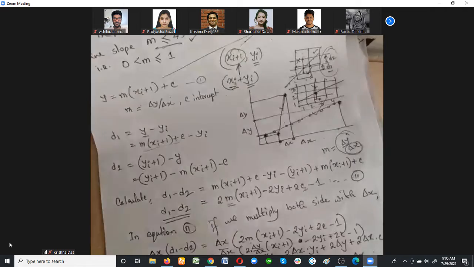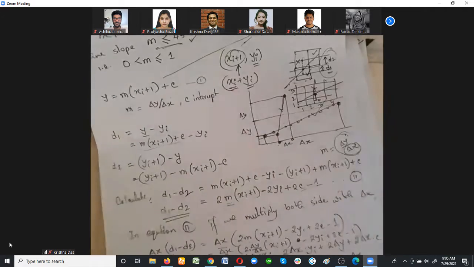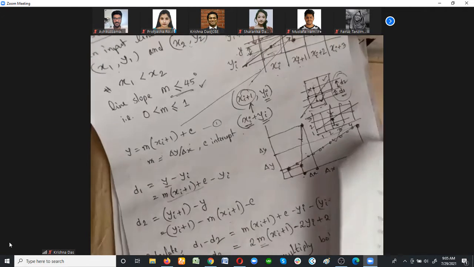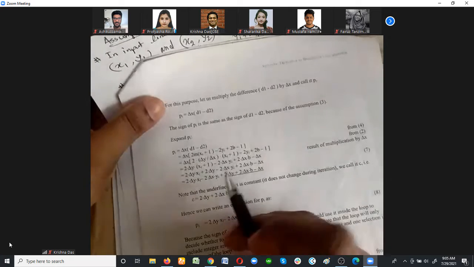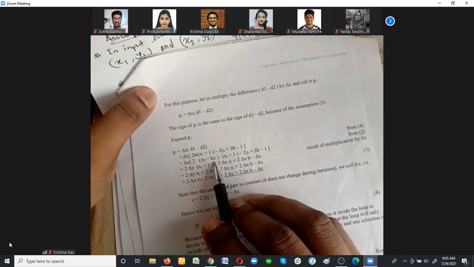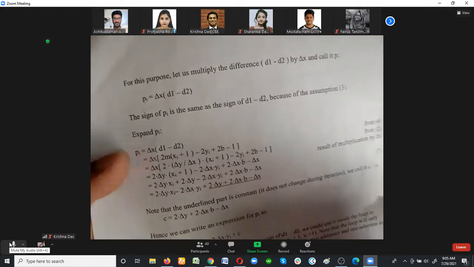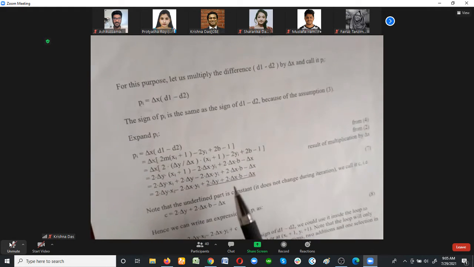Let me show you in the book, then maybe at least the confusion will be gone. Look at what we have done here: m is del y minus del x, then x i. Can you read it or is it very small? Yes, sir, it's clear.